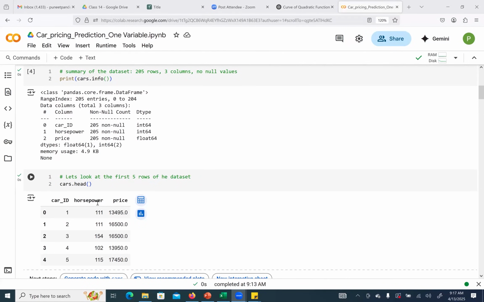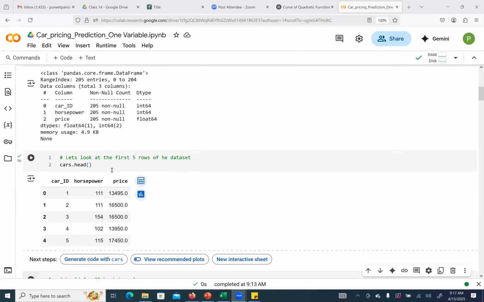So assuming for now that we have only one variable, that is horsepower, and the second variable is price. Price is our target variable. Which one is a dependent variable and which one is an independent variable? Price is the dependent and horsepower is the independent. Very nice.